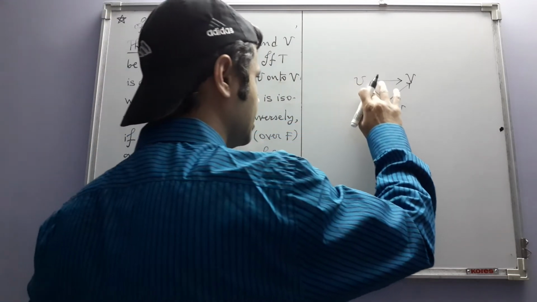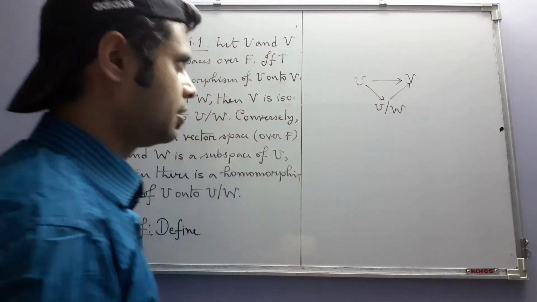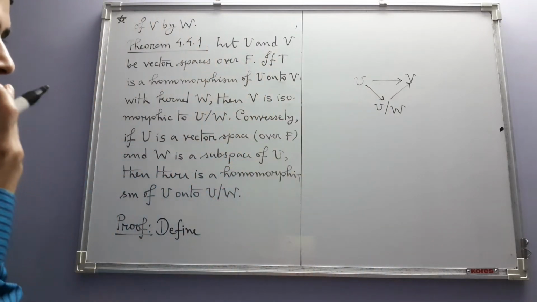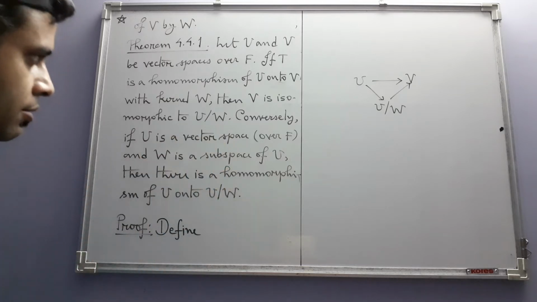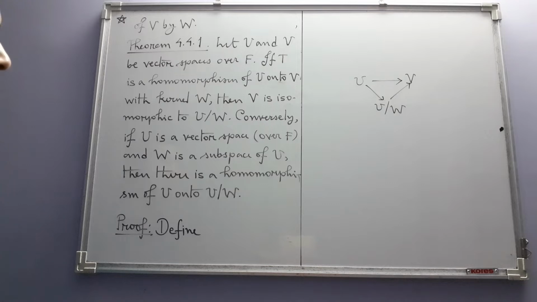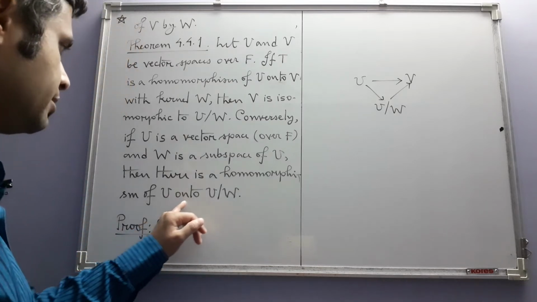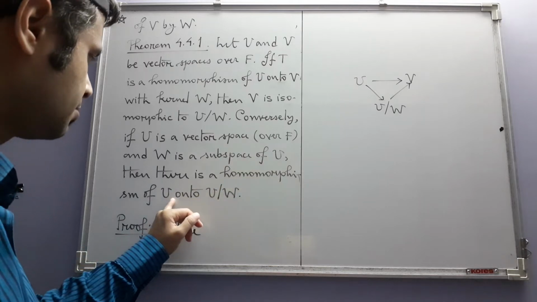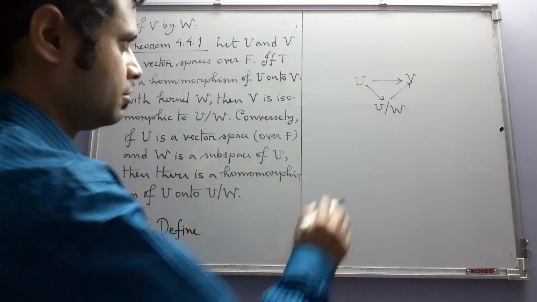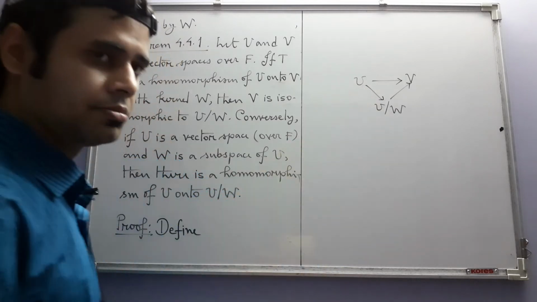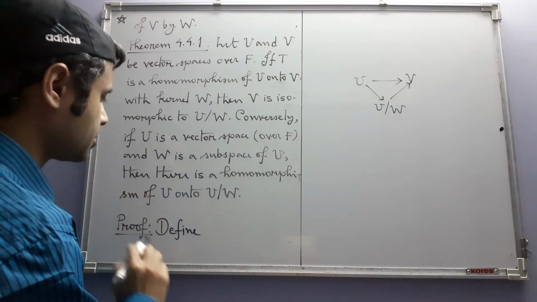Actually, we don't have anything in this direction, we have it in this direction, but for that I think it will be better to prove the converse first, because in the converse we have to show that there is a homomorphism of U onto U by W. It is that homomorphism. So let us prove the converse first.